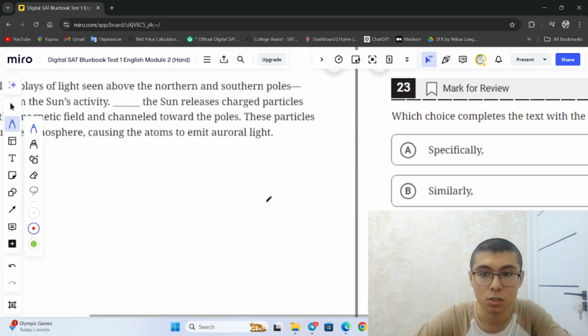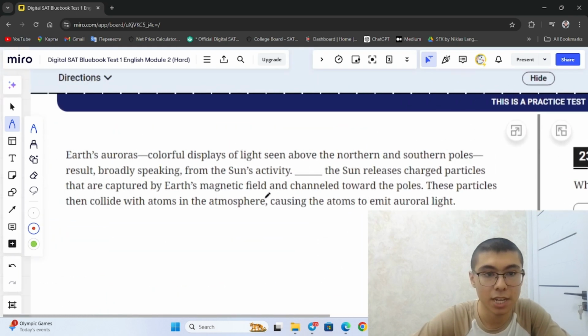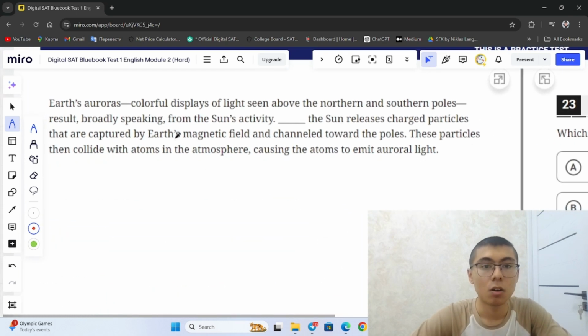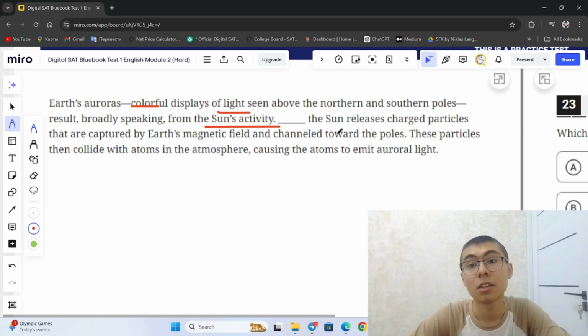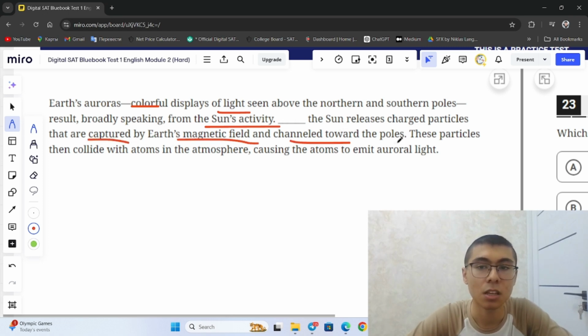Let's move on. Question number 23. It's a transition question. Okay, Earth's colorful displays of light seen above the northern and southern poles result, broadly speaking, from the sun's activity. The sun releases charged particles that are captured by Earth's magnetic field. Okay, these particles. So, the sun's activity is exemplified here.